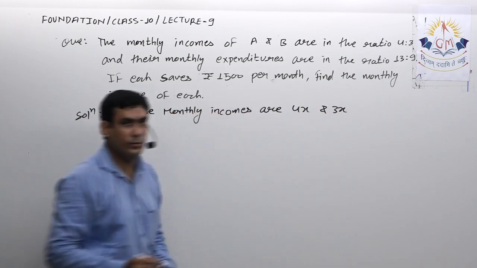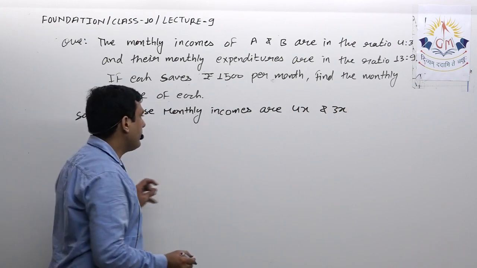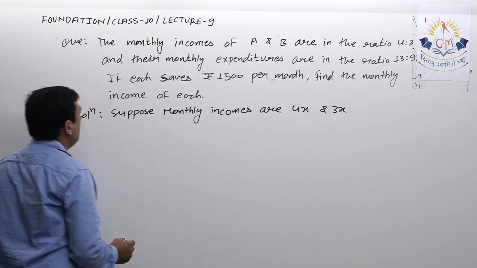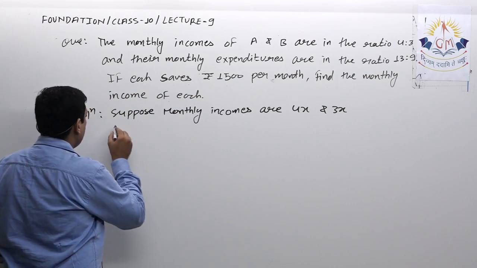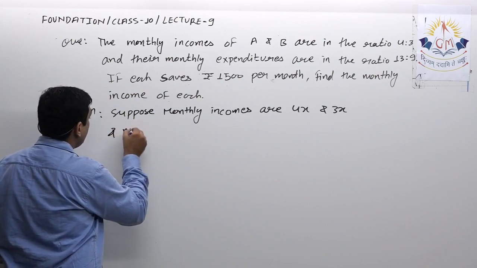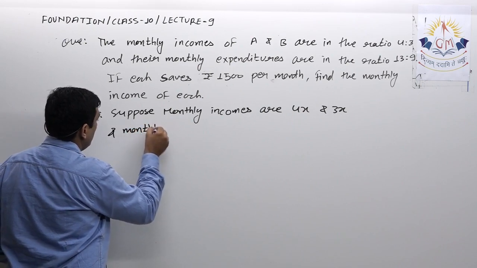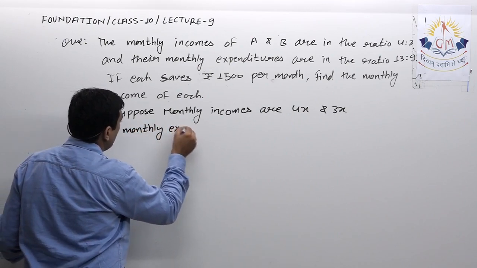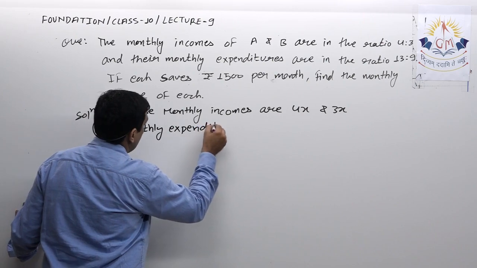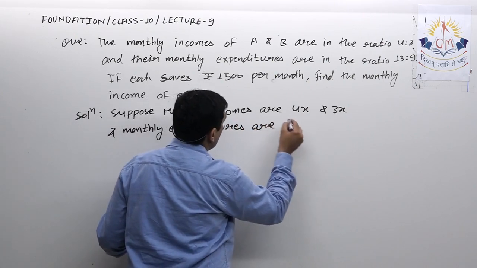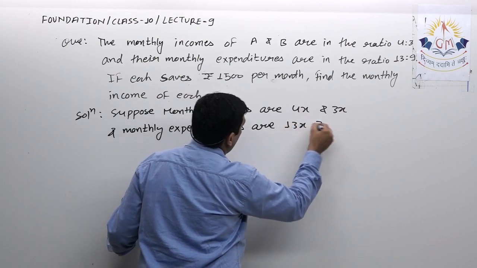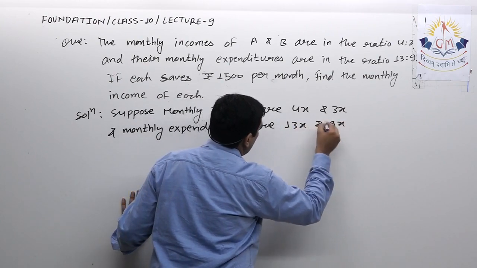As the ratio is 4 is to 3, I assumed incomes as 4x and 3x. Also it is given that the monthly expenditures are 13x and 9x.